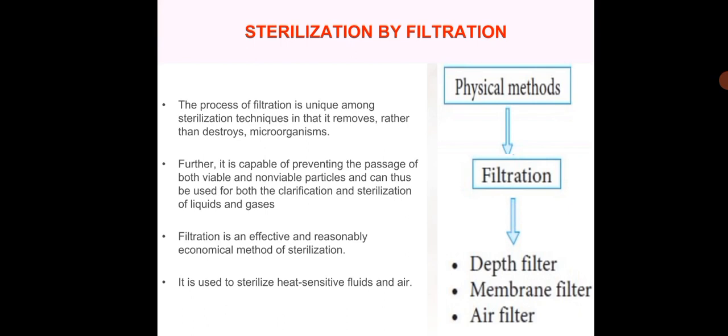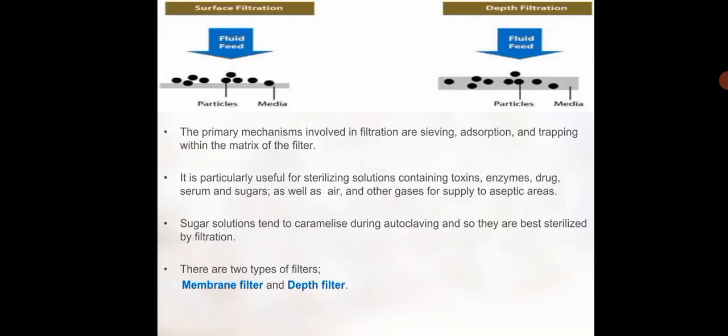Filtration is an effective and reasonably economical method of sterilization. It is used to sterilize heat-sensitive fluids and air. The primary mechanisms involved in filtration are sieving, adsorption, and trapping within the matrix of the filter.